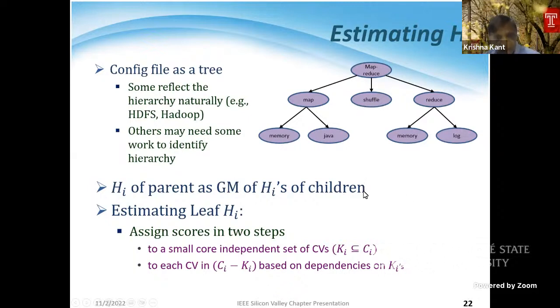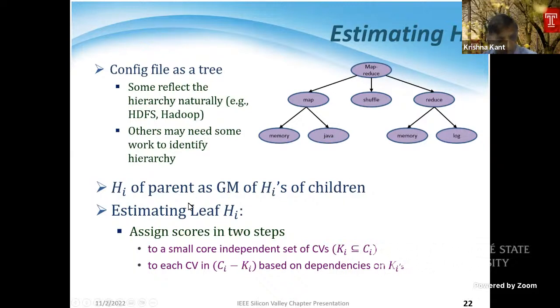As a simple experiment, we said, okay, how about we combine these health indices by simply taking a geometric mean as we go up the hierarchy. If we do that, then our whole focus is mostly how to assign the health parameter at the bottom level. Now you will realize that one thing we are missing if we just blindly assign the health indices at the leaf level and go up is that you will miss out on all the dependencies.